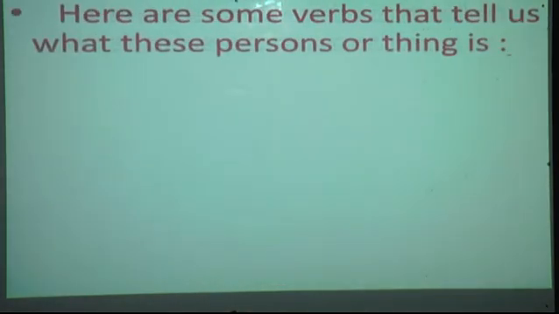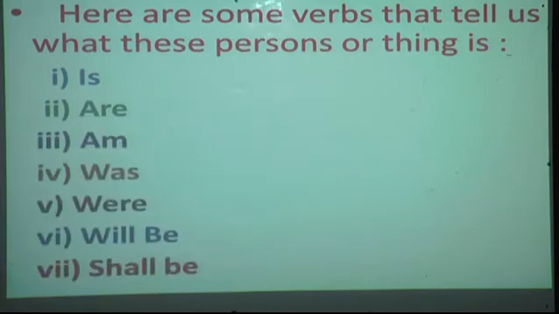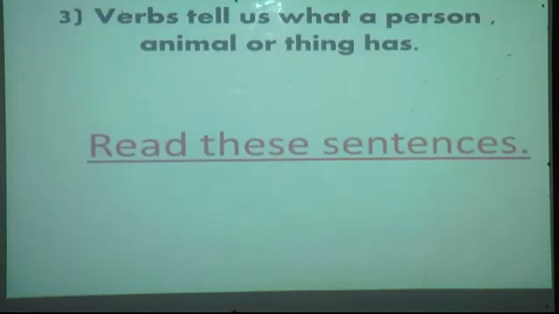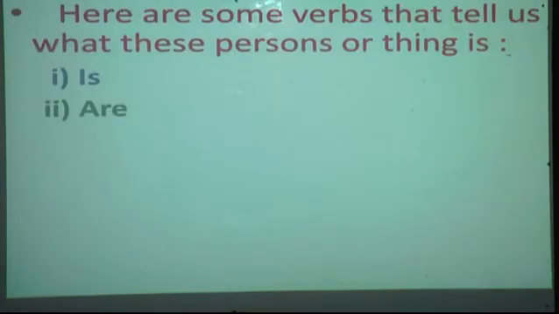Now what are the words which will come under this? Here are some verbs that tell us what a person or thing is. They are is, are, am, was, were, will be, shall be. Again I'll repeat the verbs that come under this category.